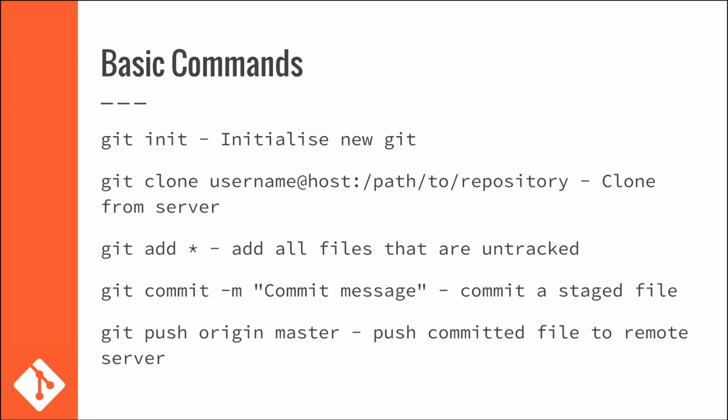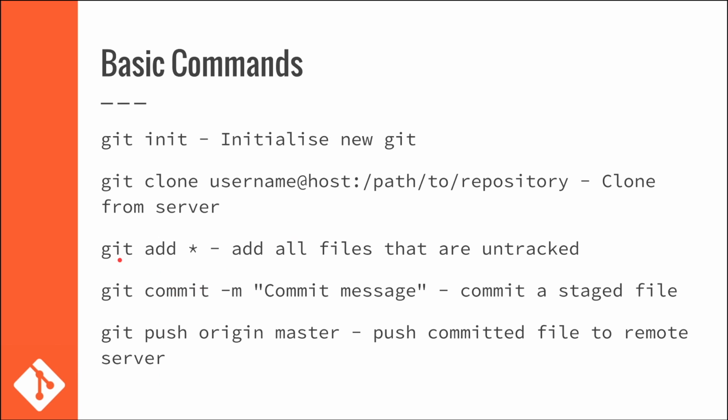So some of the basic commands. You can git init to initialize a local Git repository. Or alternatively, if we're using a remote host like GitHub, we can git clone from a remote path, and that will bring down those Git files and create a working directory on our own machine, like we saw in the diagram previously, and we'll have a complete new copy of that code on our machine.